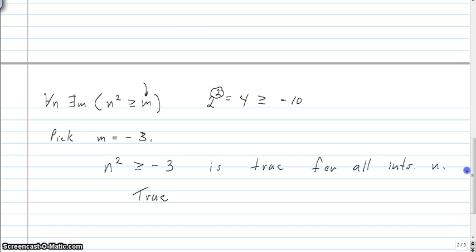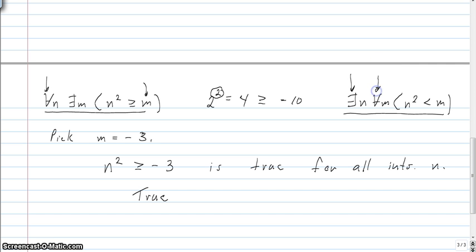The reason I wanted to point this one out is because if I look at the relationship between this one and the last one, these two statements are the negation of each other. If I negate there exists, I end up with for all.